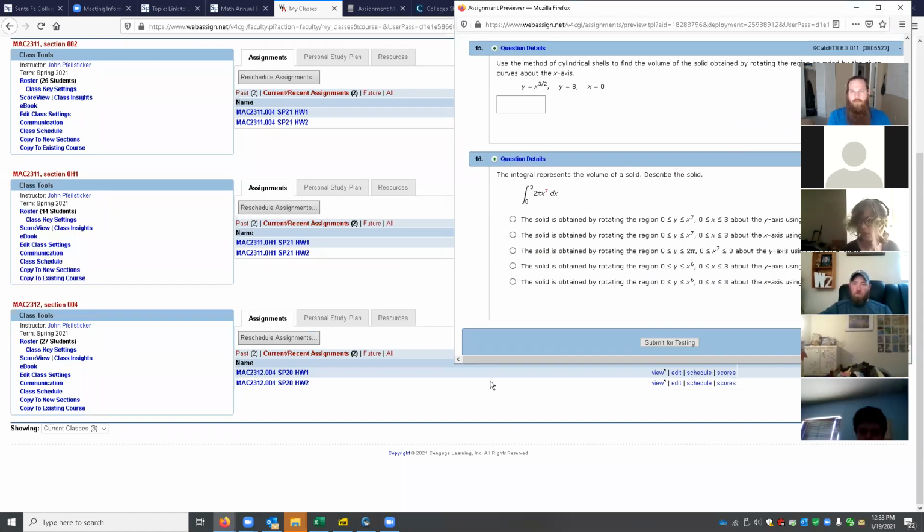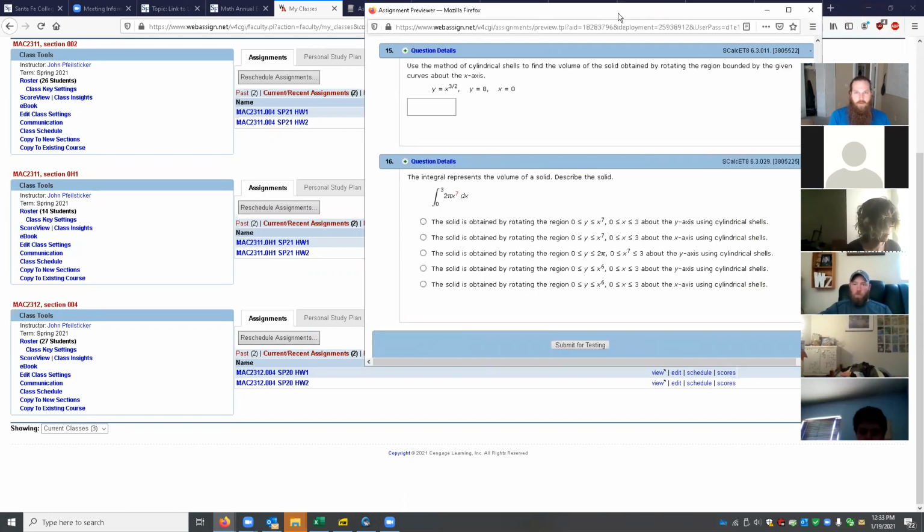So here we want to use the method of cylindrical shells to find the volume of the solid obtained by rotating the region bounded by the curves y equals x to the 3/2, y equals 8, x equals 0, about the x-axis. All right, let's do it. I'll copy this down. This is homework 2, number 15.